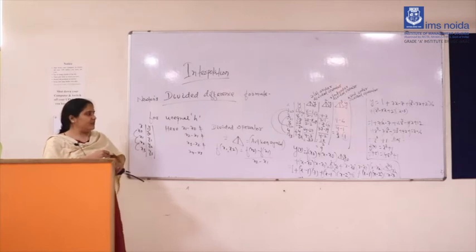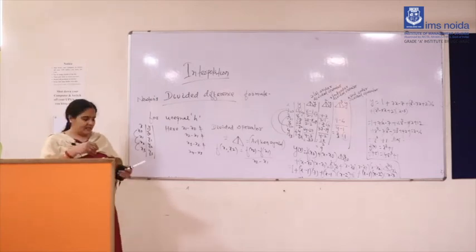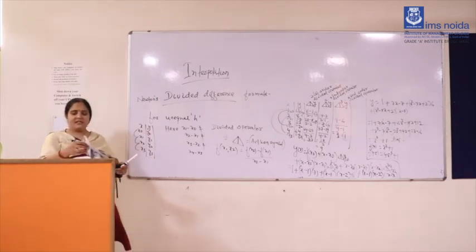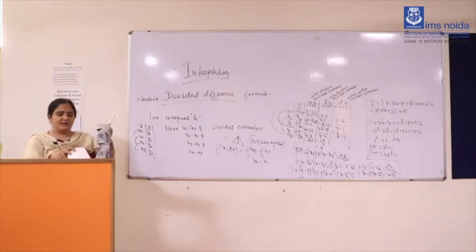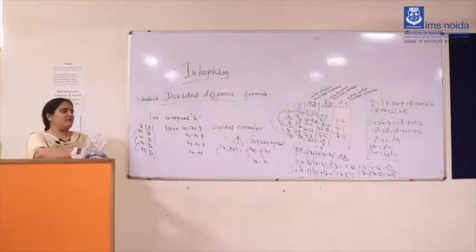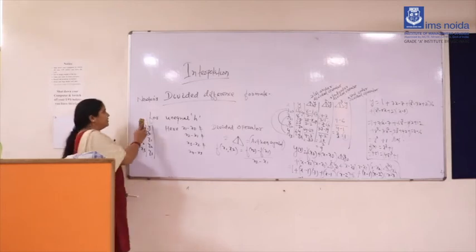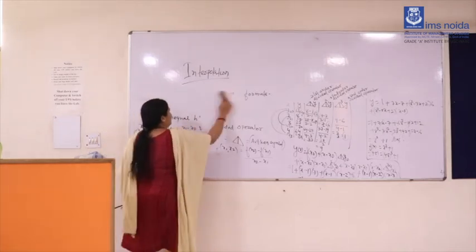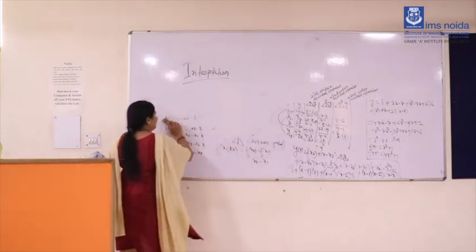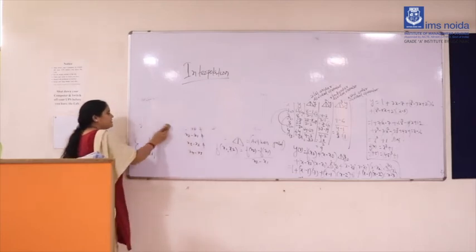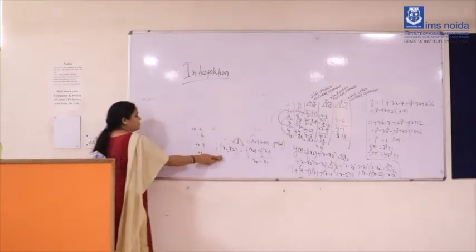Then you can go for the Lagrange interpolation formula, which is also applicable for unequal h. So you can ask where to apply Newton's divided and where to apply Lagrange interpolation.